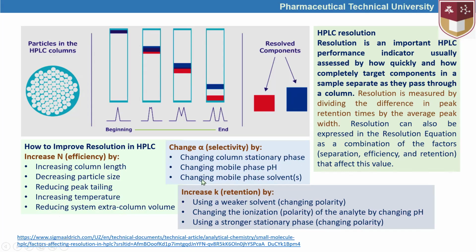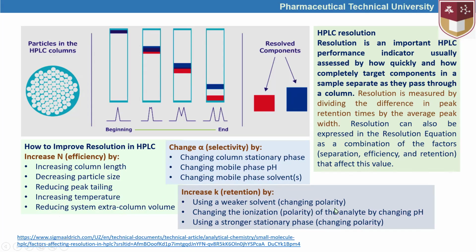The pH of the mobile phase and the solvents of the mobile phase are two other points that might change the selectivity. The increase of retention can be provided by using a weaker solvent.